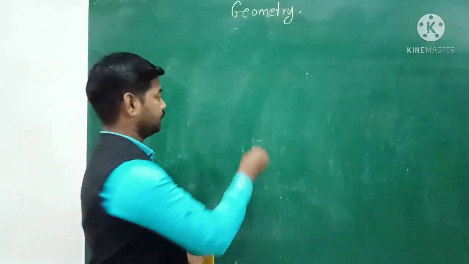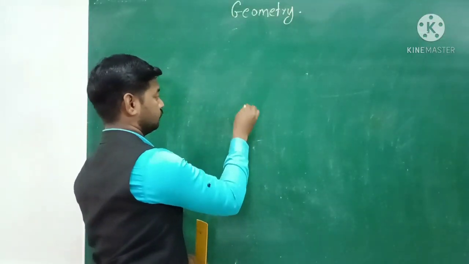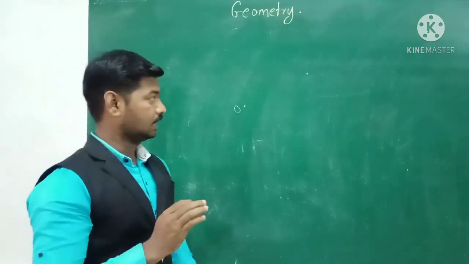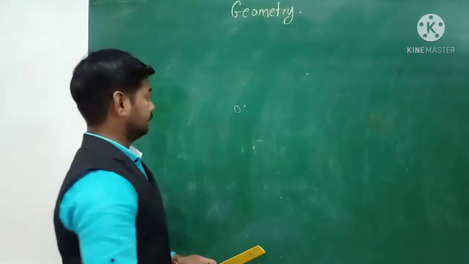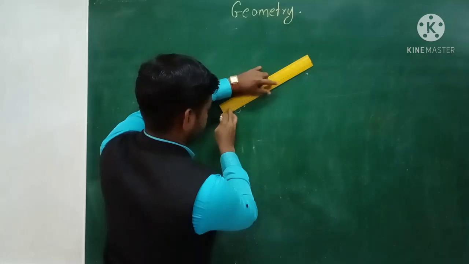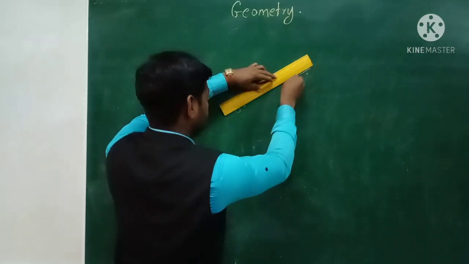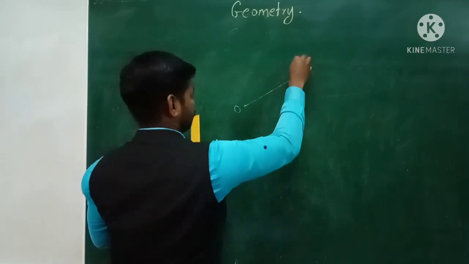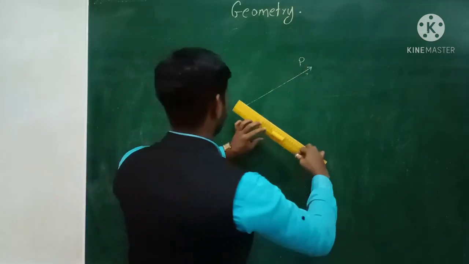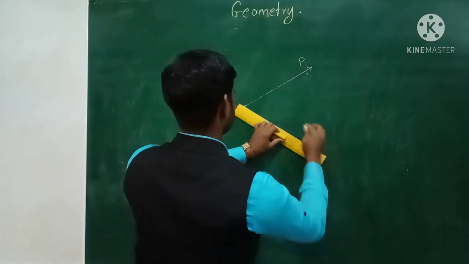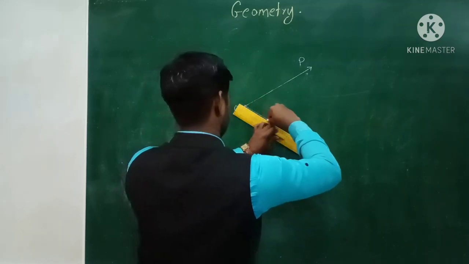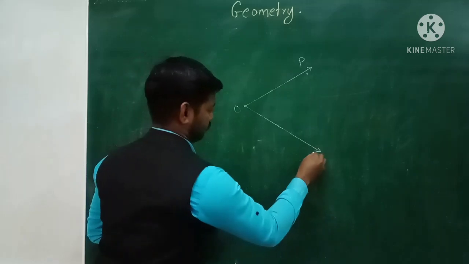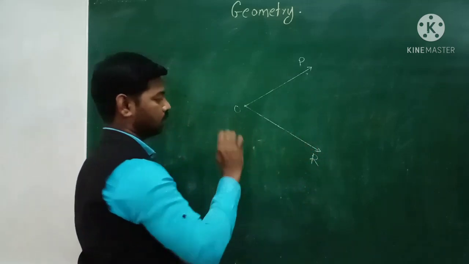Now we will take a point O. From this point I'll draw two rays. With the help of a scale, I am going to draw two rays, that is OP, and one more I draw, that is OR.